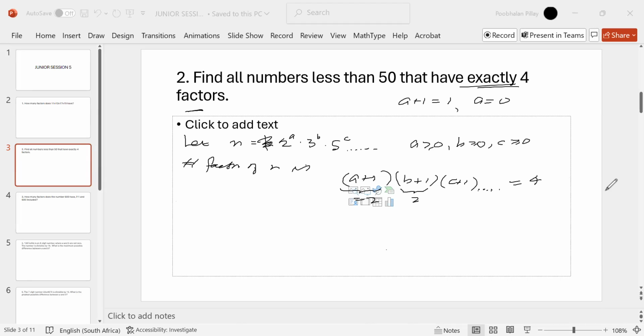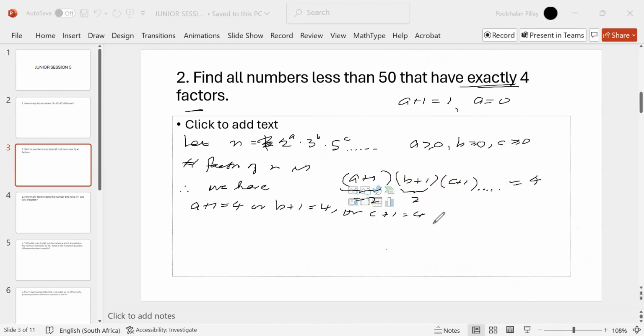So we can say, therefore, we have A plus 1 equals 4, or B plus 1 equals 4, or C plus 1 equals 4. One of these is 4 and all the others are 1, so we don't worry about that.